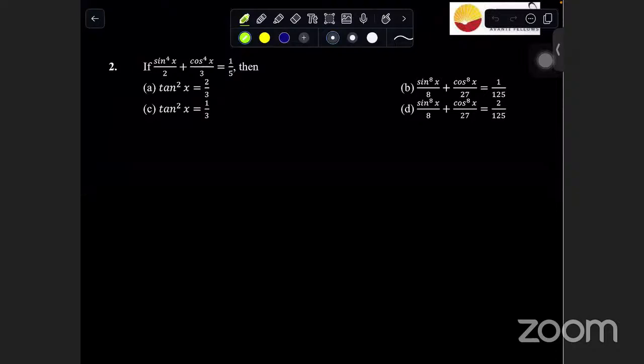See, first of all, let me tell you, trigonometry is an important ingredient. This is not related to this chapter only. This is related to every chapter. So make sure you remember all the formulas. Make sure you remember everything about trigonometry because it will be used very frequently again and again.